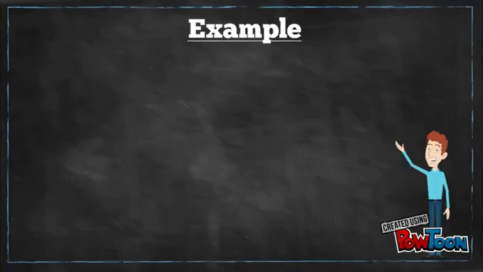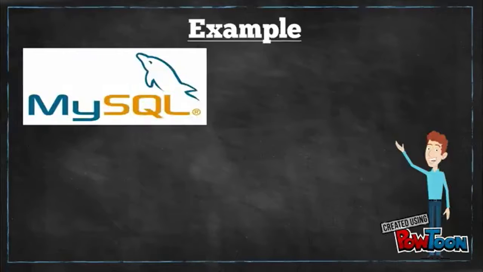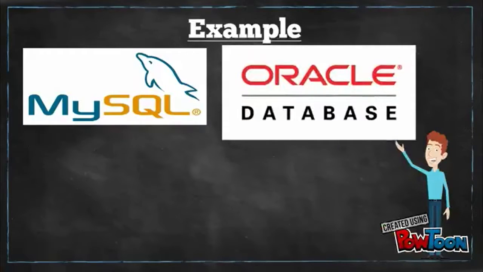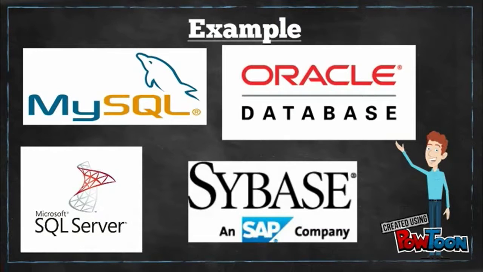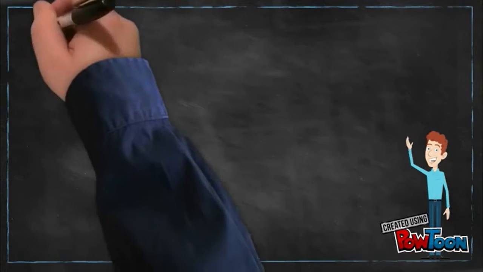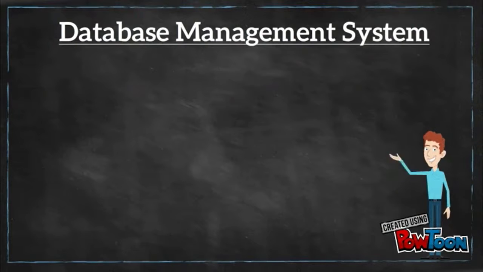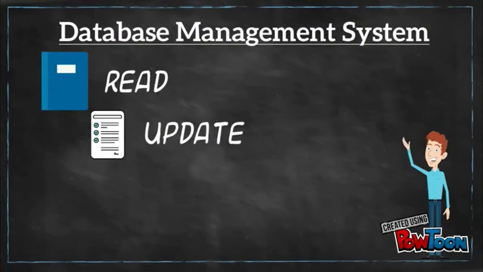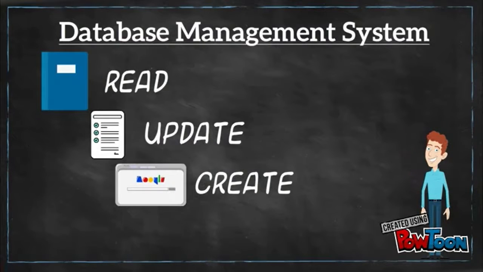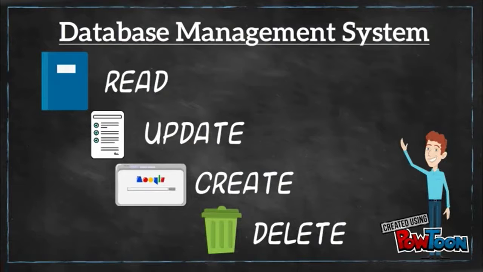There are a few examples of database software: MySQL, Oracle Database, Microsoft SQL Server, and Sybase. A DBMS provides users and programmers with a systematic way to read, update, create, and delete the data.